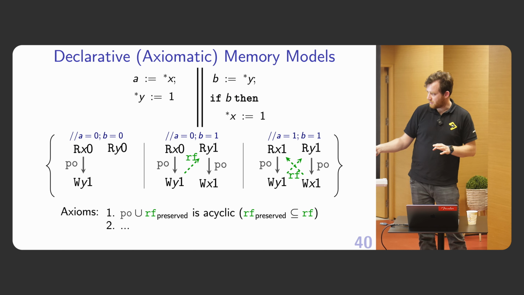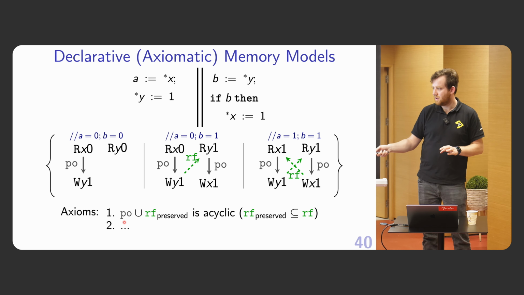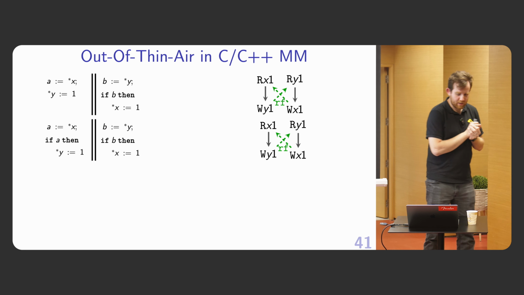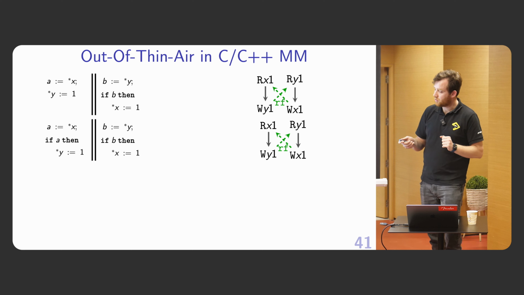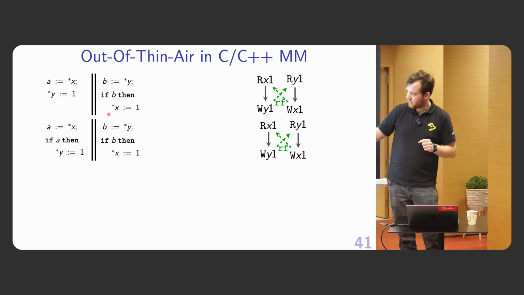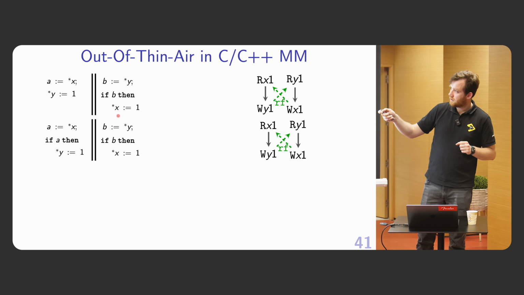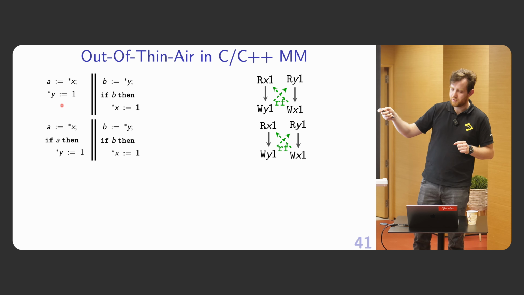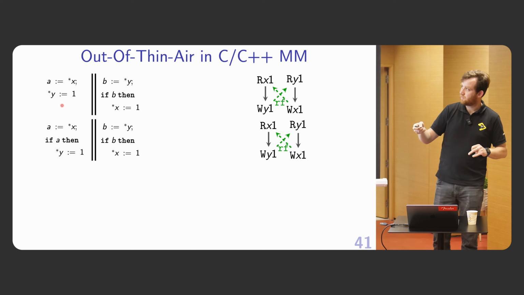So the axioms of a memory model look like that: some combination of relations should be acyclic, right? So now take a look at the programs we already saw. This is the infamous out-of-thin-air example which we discussed in the C++ memory model, with control dependencies in two threads, and the version of it without control dependency in the left thread, which we discussed just a slide before, right?